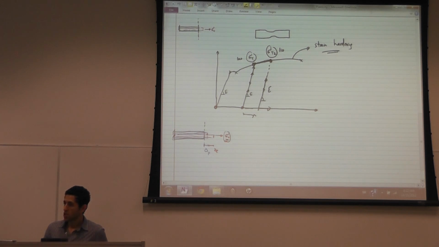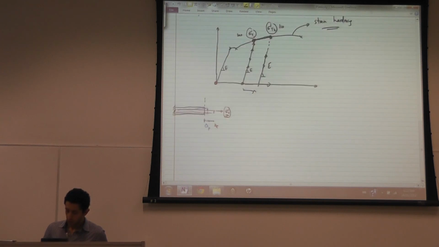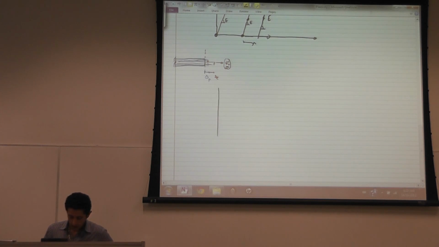Now there are variations of that stress-strain curve, depending on the alloy, depending on the materials. Mild steel used to look like this. The very first experiments that were done, you get mild steel looking like this. So you really see this distinct yield phase.